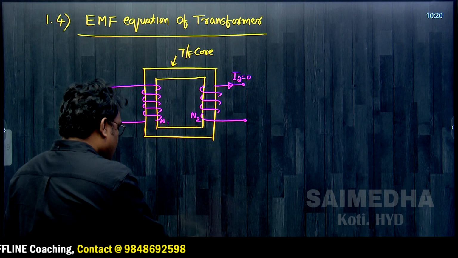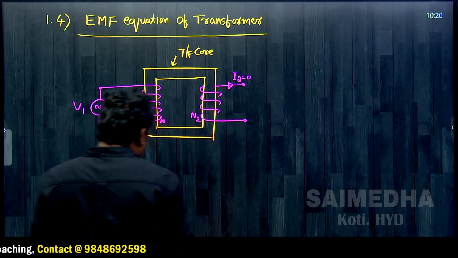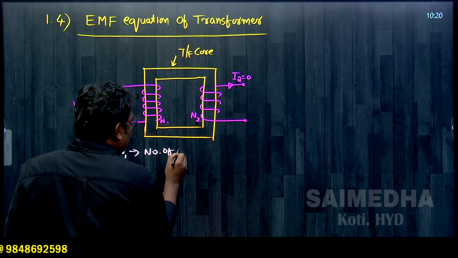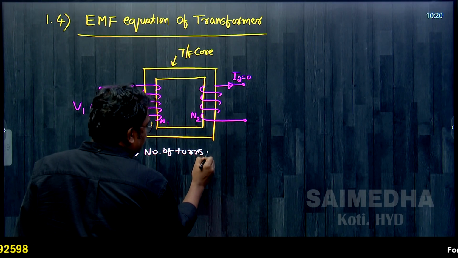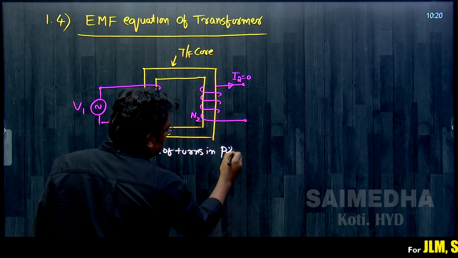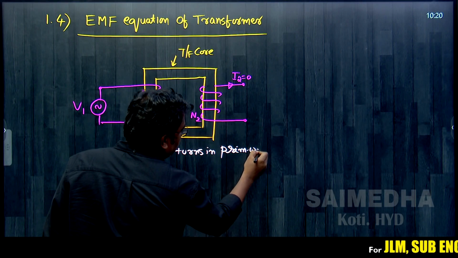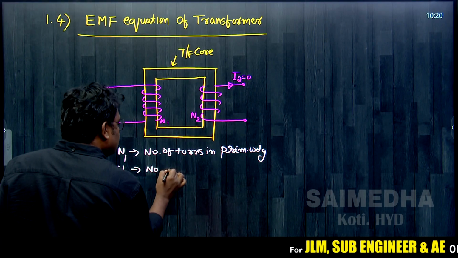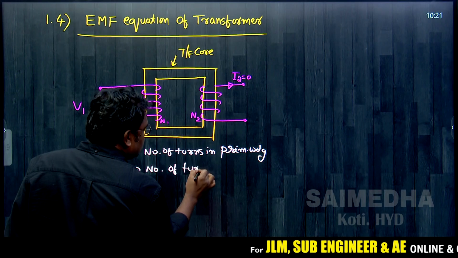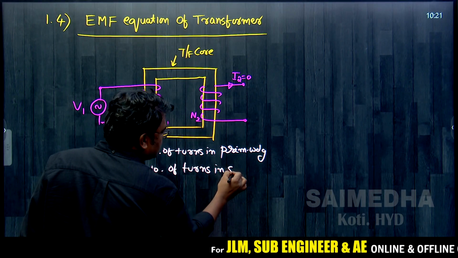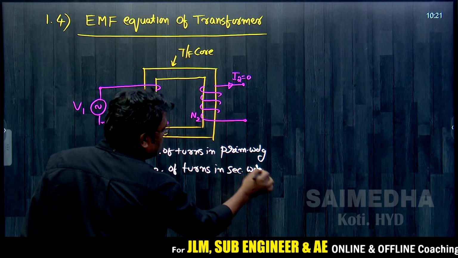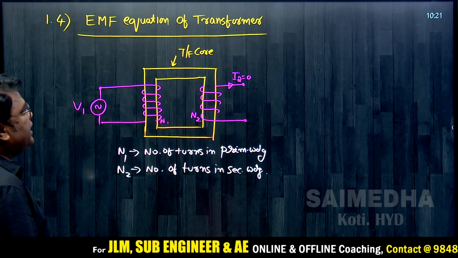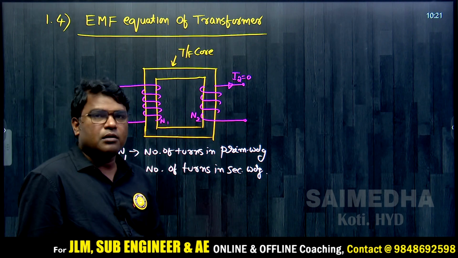So N1 is the number of turns in the primary winding of the transformer, and N2 is the number of turns in the secondary winding of the transformer.